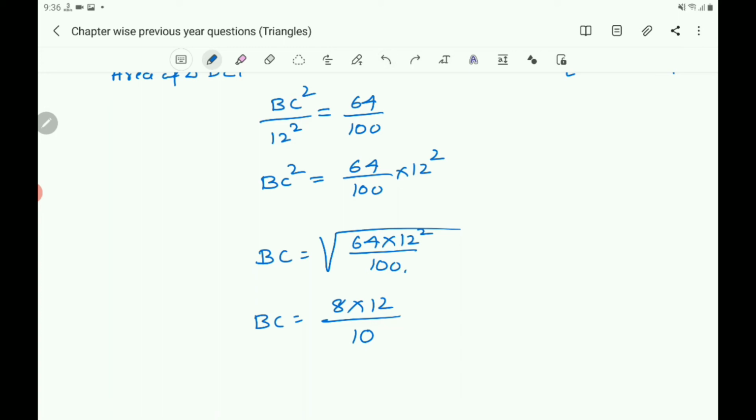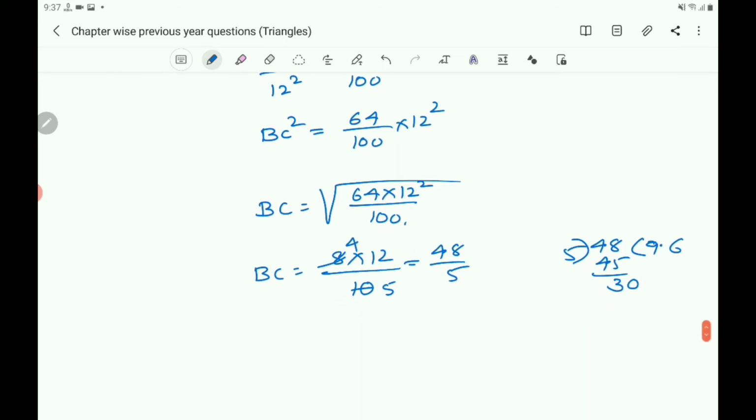So then you will get 2 4s are 8, 2 5s are 10, and 12 4s are 48 by 5, and 48 divided by 5 you can have 5 9s are 45, then 3 is remaining, then you write 0.6. So you got BC is equal to 4.6 centimeter.